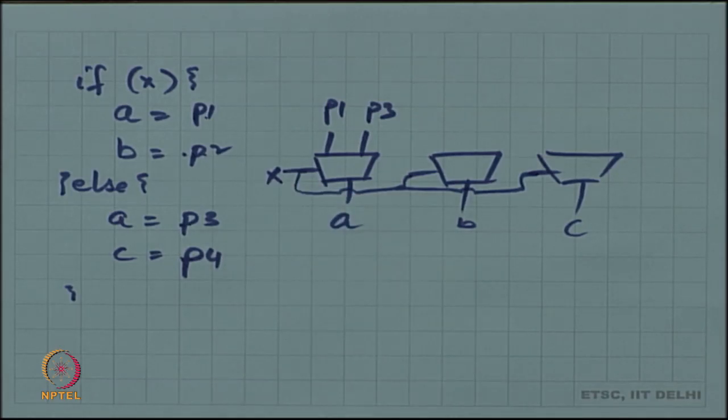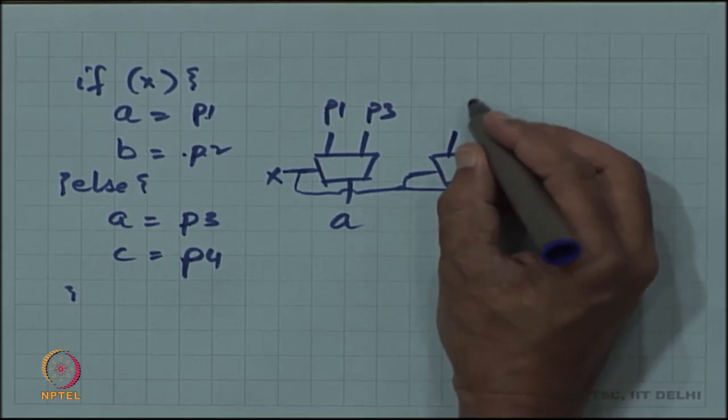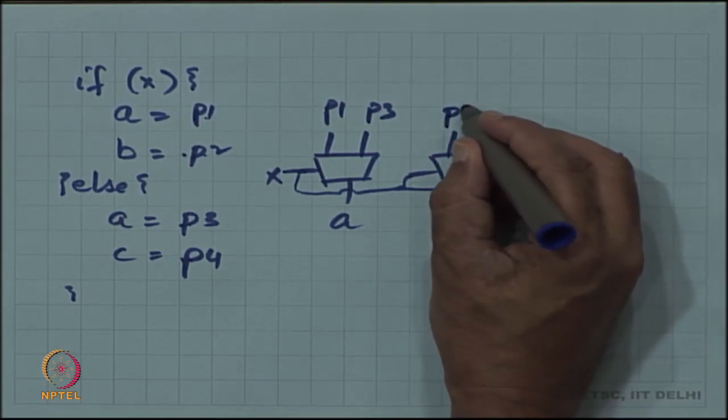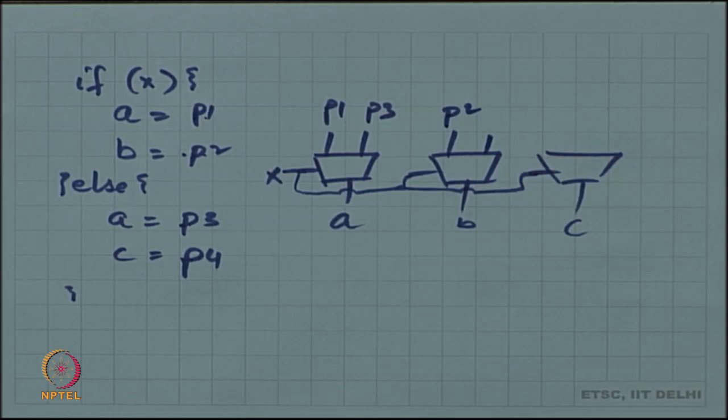What about B? B is assigned, then feedback. The assumption, of course, is that if you leave out the assignment to B in one of the branches, then it should retain its old value.